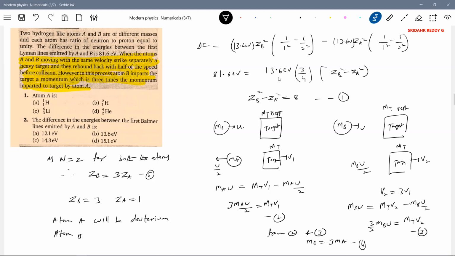Atom B will be lithium. Lithium mass will be 7? No sir, according to the given conditions, it is Li 6 only. Yeah, Li-6 will come. Okay, I'll write it, this will be lithium. An isotope can be possible, no?